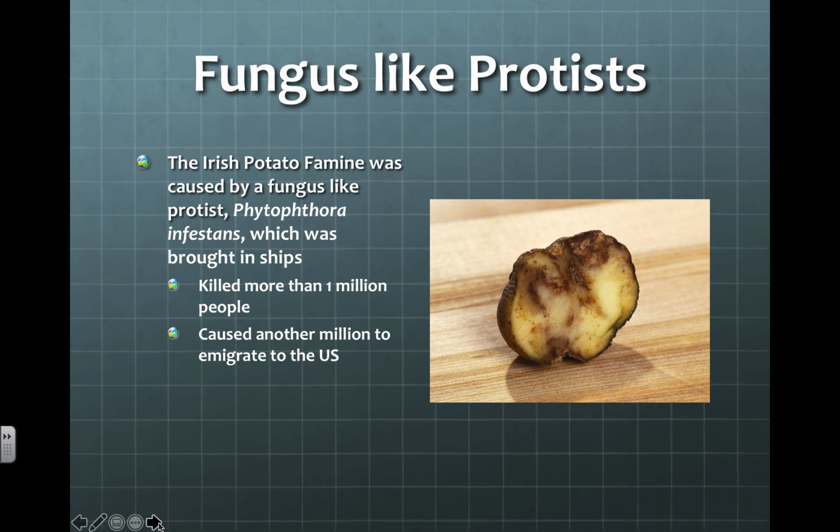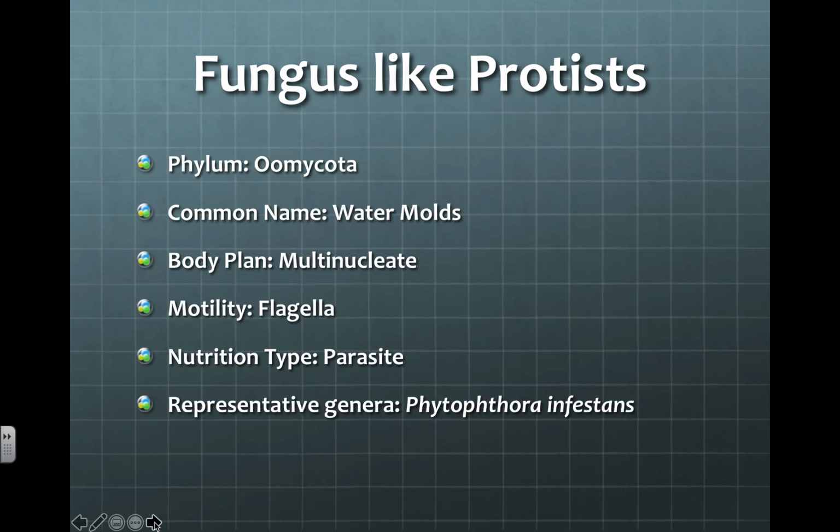It killed more than 1 million people, and it caused another large group of people to immigrate to the U.S. because the potato famine was not in the United States, and people had to migrate because it was so bad. So know that that particular water mold was responsible for the Irish potato famine.